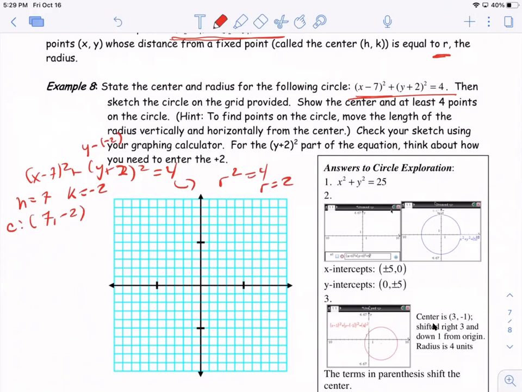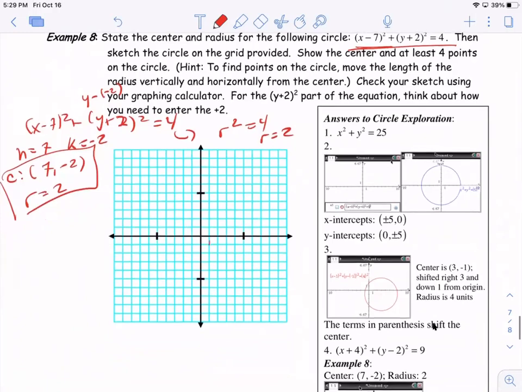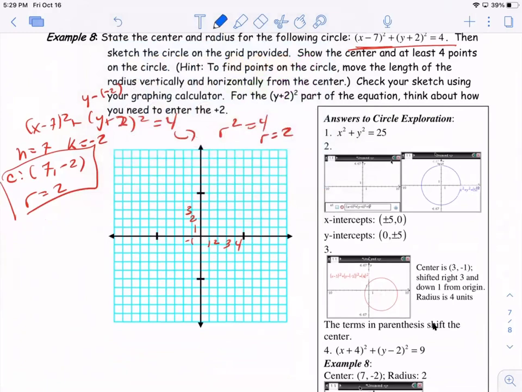And now we're going to go ahead and plot our circle. So I'm going to do 1 square is 1 unit. You should always put a scale on your graph so you know what it is. And I'm going to plot the center. So 5, 6, 7, -2. And then when you're plotting circles, I want you to include at least 4 points on the circle.